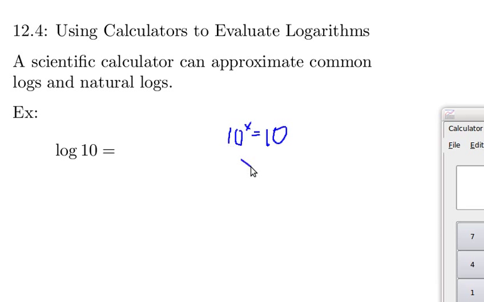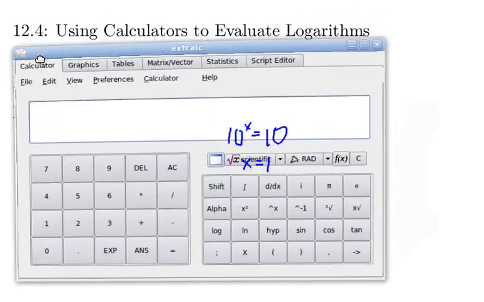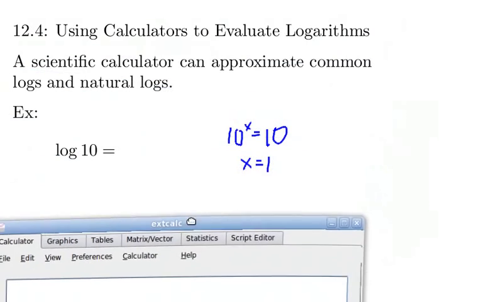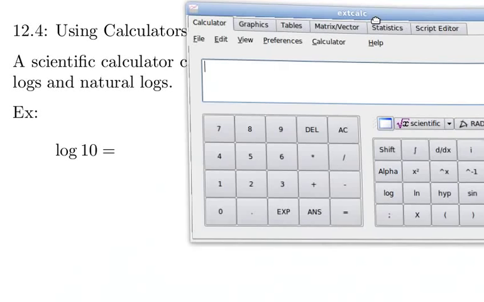So that means x is going to equal 1. Well, let's do that using this calculator. We know that x is equal to 1.